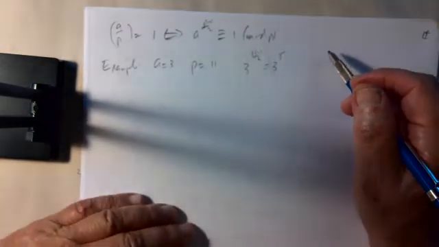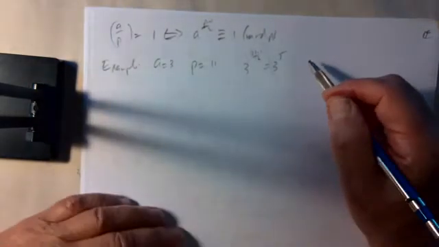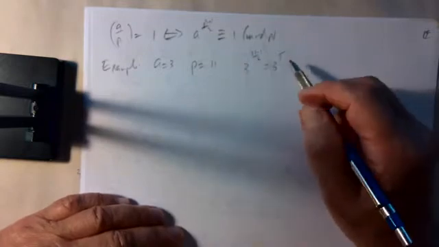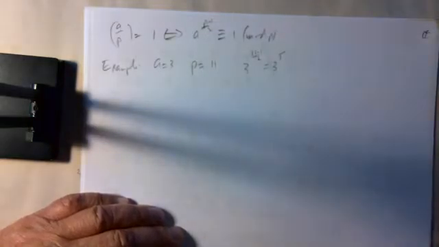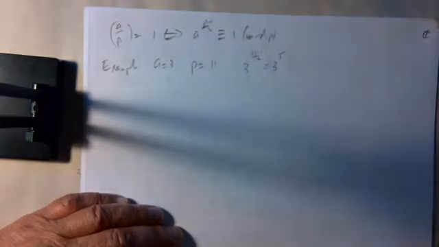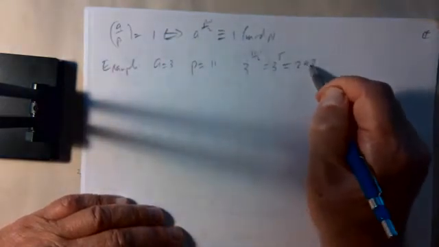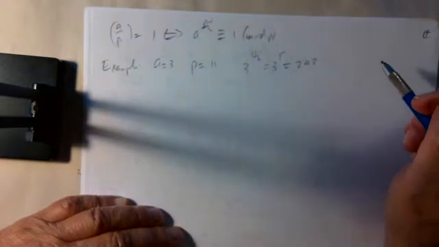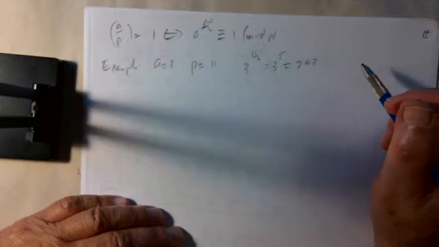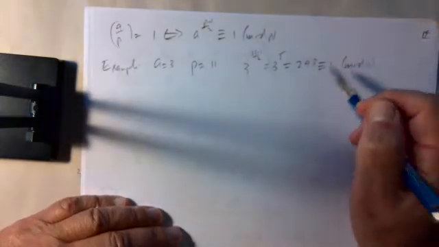What is 3 to the 5th mod 11? So 3 to the 5th, we have 3, 9, 27, 81, 243. And if you divide 243 by 11, you get 1 mod 11.